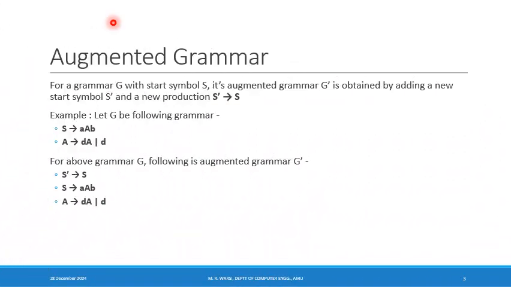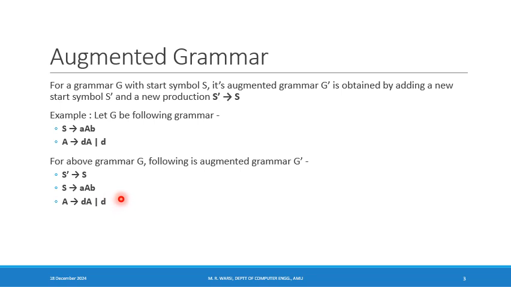To build the SLR parser, we first of all augment the grammar by adding a new start symbol S dash, and by adding a new production S dash derives capital S. So if the grammar is like this, I'll be adding a special production to this grammar, S dash derives capital S. After augmentation, the grammar will have S dash derives capital S, and these two productions are the original productions of the grammar.